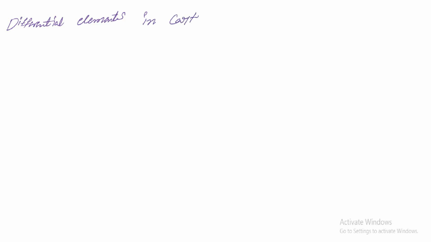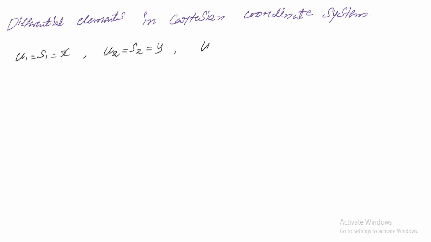For the Cartesian coordinate system, u1 = s1 = x, u2 = s2 = y, and u3 = s3 = z.